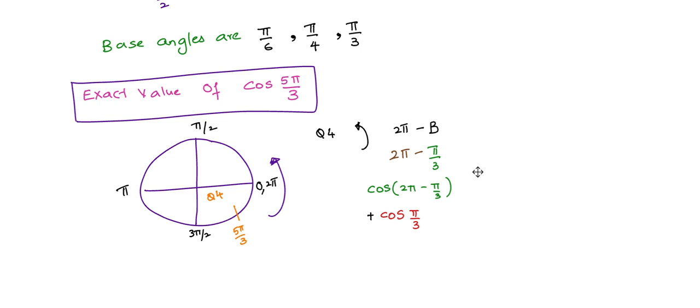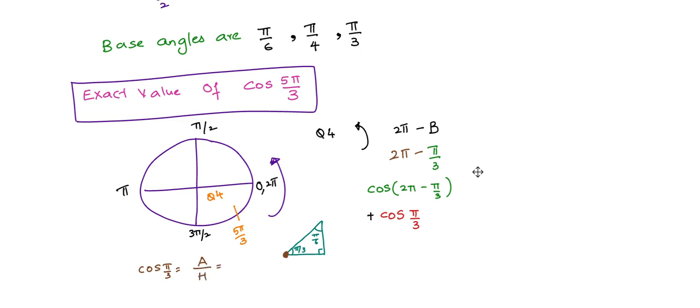Then using exact triangles, as I explained before, if you look at the exact triangle pi on 3, pi on 6 and 90, pretend you are standing right here. So cos pi on 3 is adjacent over hypotenuse.